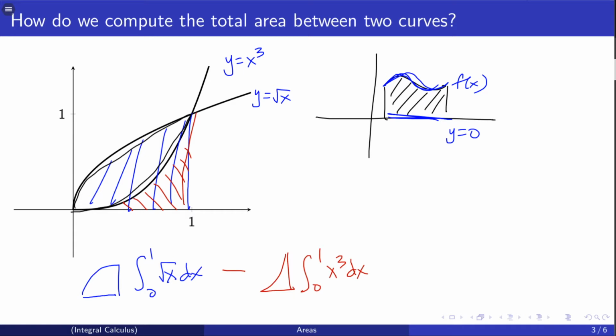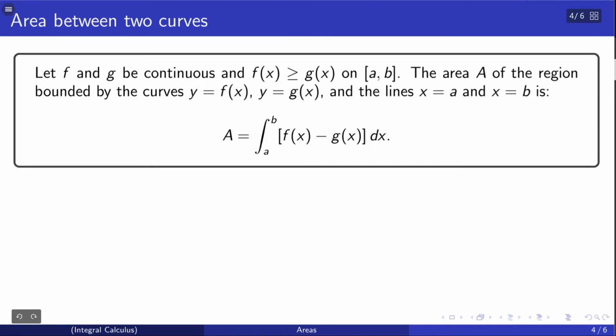And I'm not going to evaluate these. You can just practice on your own. These are easy integrals. And really what this tells me is, in order to compute the area in between two curves, if you know the curve that's on top, right?